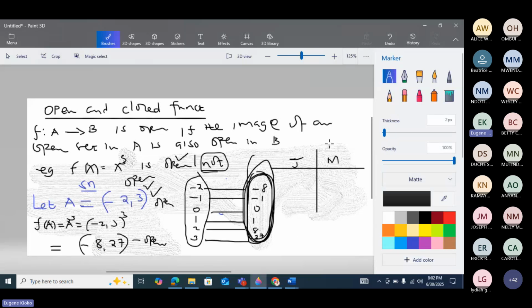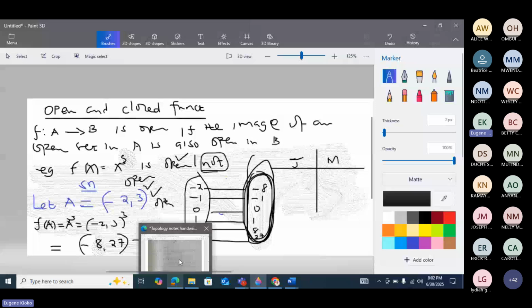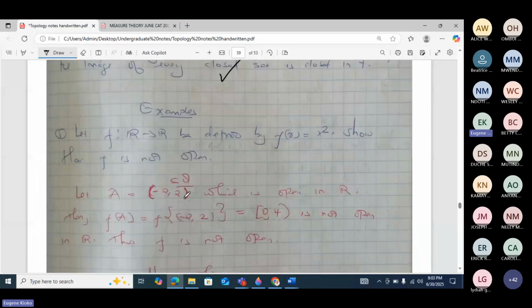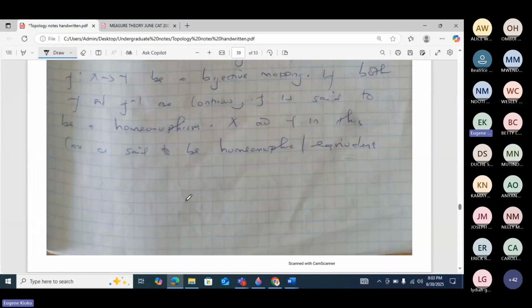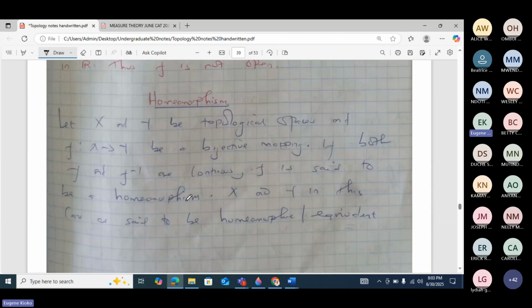Okay, so we can proceed to what we call homeomorphism. Homeomorphism is simply a definition which talks about a function in which f and the function's inverse are continuous. Let x and y be topological spaces, and f a bijective mapping.